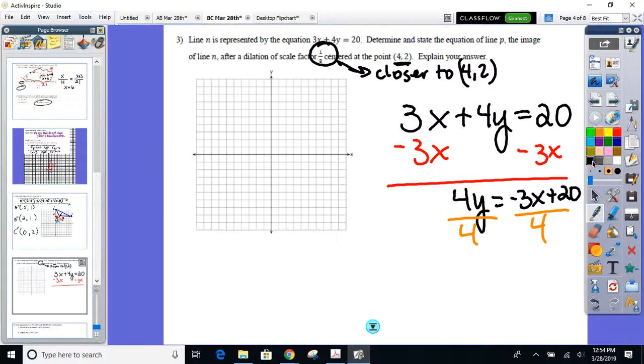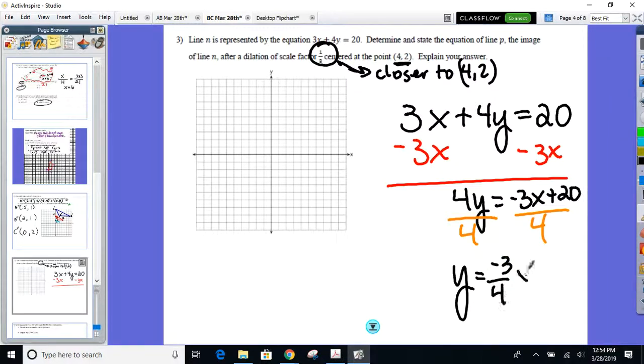So here's what I need you to graph. Y equals negative 3/4 x plus 5. Where's the first point you can graph? What's your y-intercept? Okay, everyone go ahead, graph 5 on the y-axis. And I'm going to need a couple more points here.